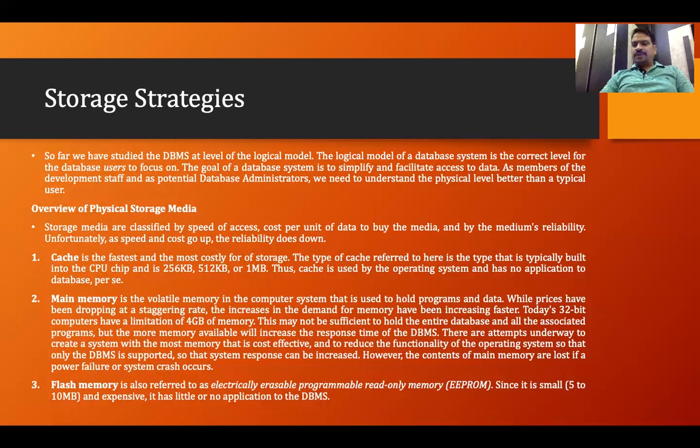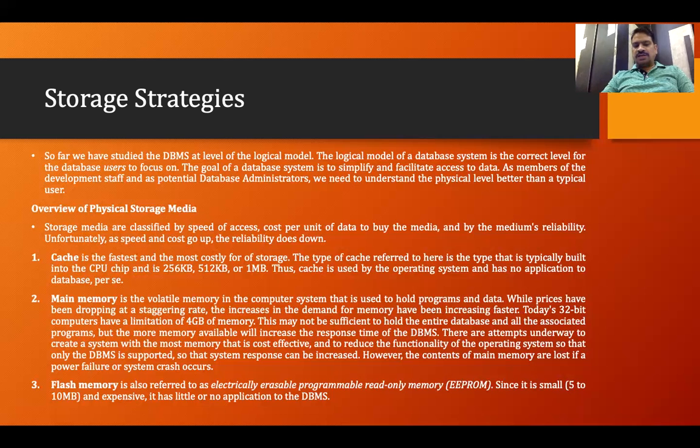If your flash memory is reliable, we can use it. If your flash memory is not reliable, means your pen drive is not reliable, we will not use it. Okay, so the answer is simple. Here it is saying that it has little or no application to the database management system.